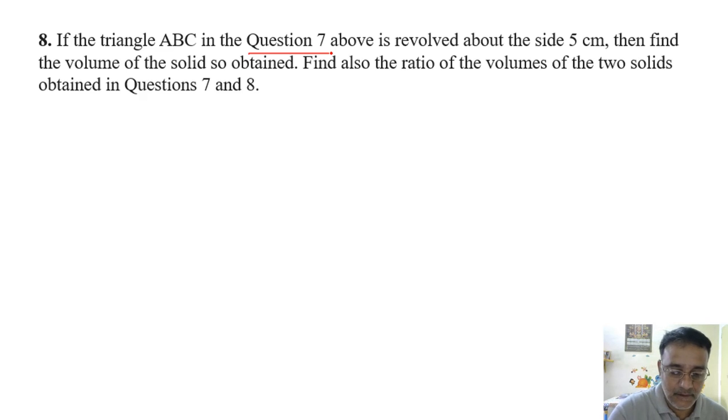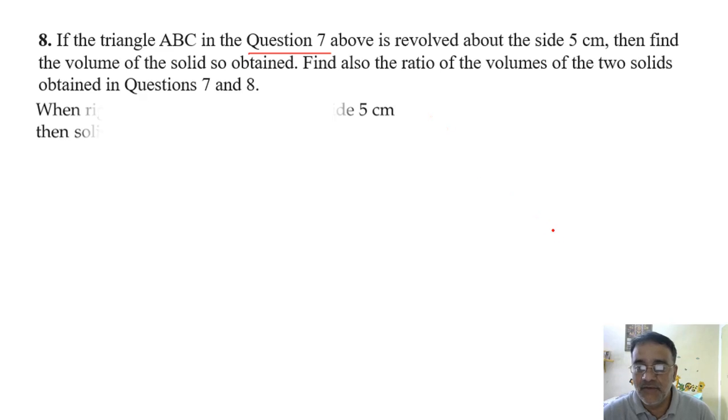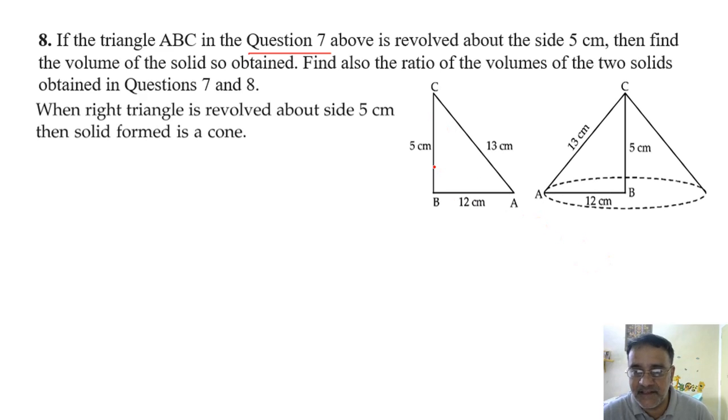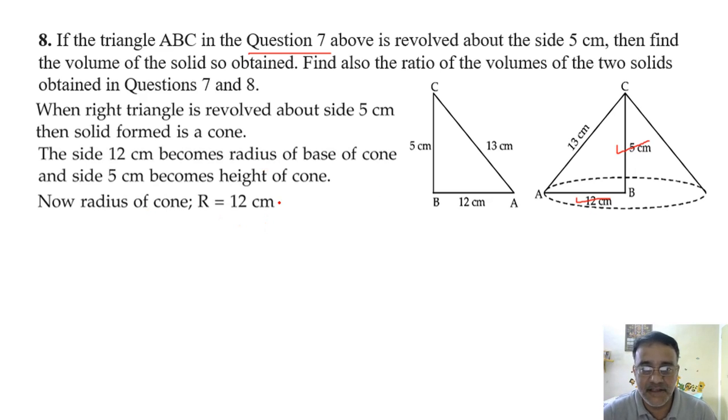When we revolved about 5 centimeter, we are getting a cone again, but in this case the height is 5 centimeter and the radius is 12 centimeter. We are taking capital R and capital H.